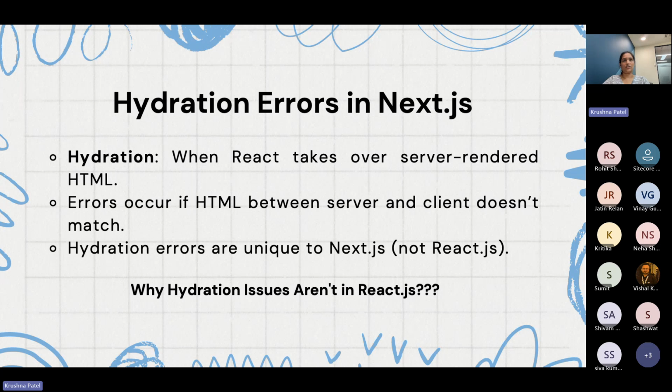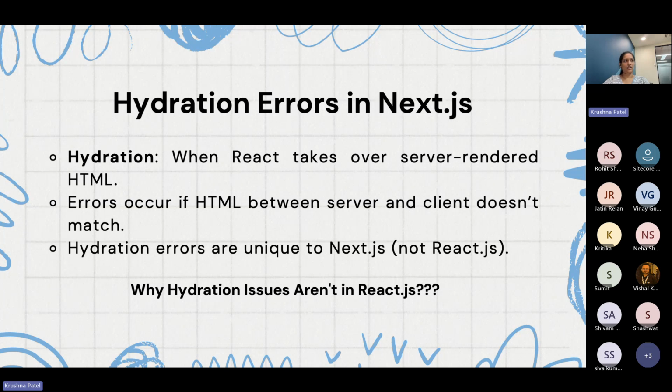So in React.js, there is only the client side, no server side and client side, so there is no need to match that data. But in Next.js, we have the server side as well as the client side. So in that case, it will match the data of the page, and this issue will happen.